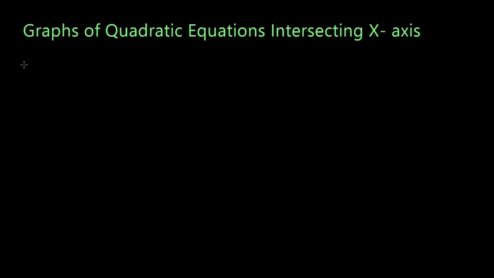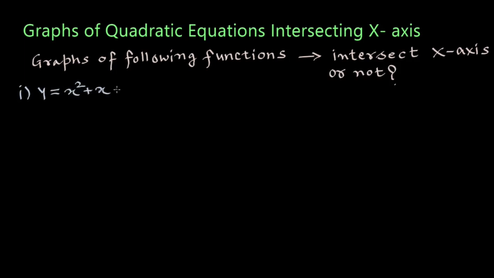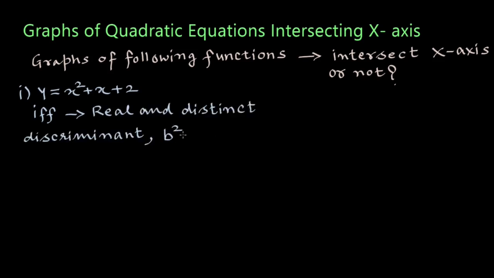We have to find whether the graphs of the following functions will intersect the x-axis or not. The first function is y equals x² + x + 2. This function will intersect the x-axis if and only if the roots of this function are real, for which the discriminant b² − 4ac must be non-negative.